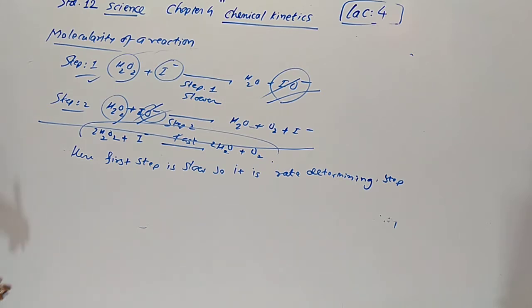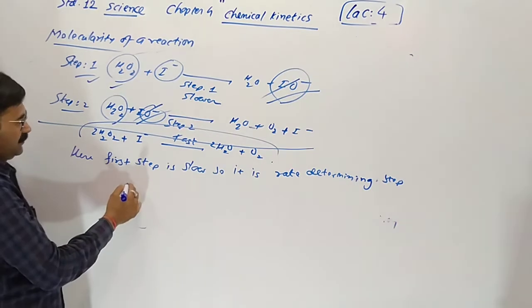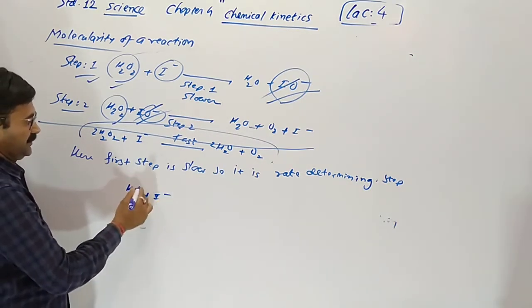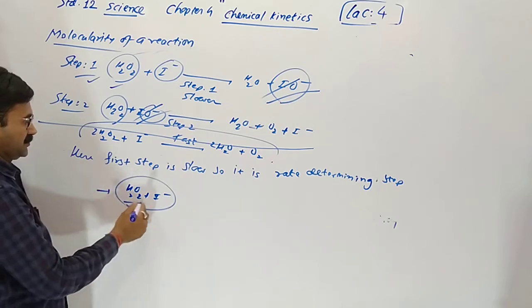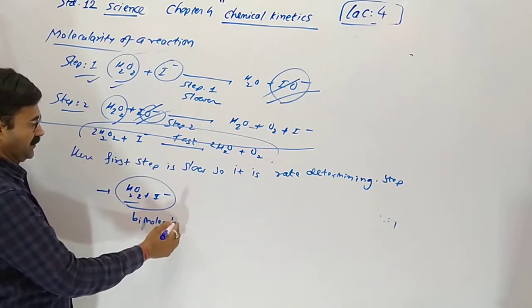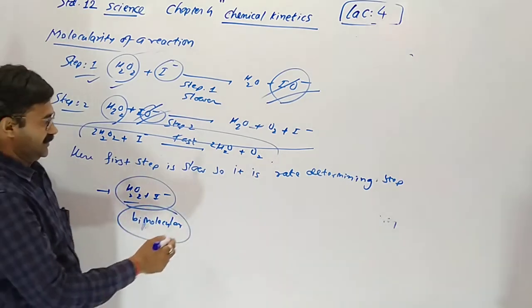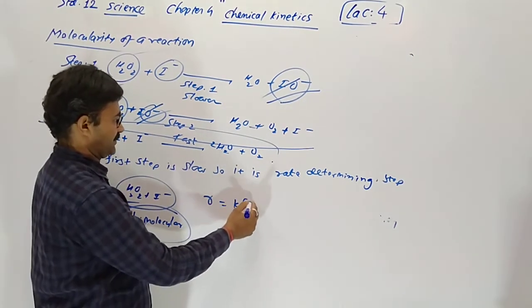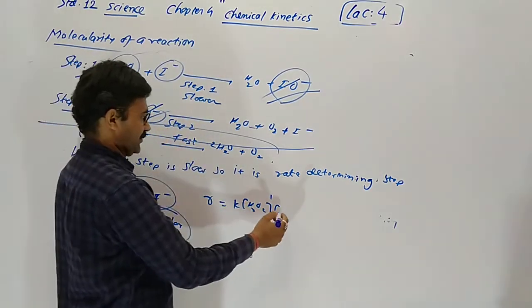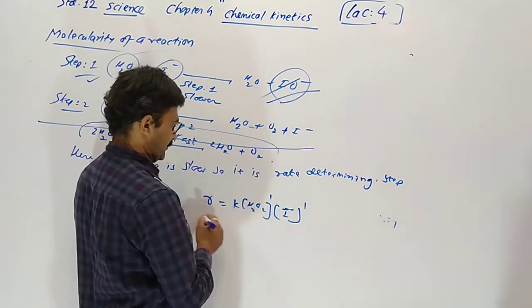So here in the slower step, how many particles collide? H2O2 plus I minus in the slower step, which is bimolecular. And here also the rate of reaction is K [H2O2] raised to 1 and [I minus] raised to 1.